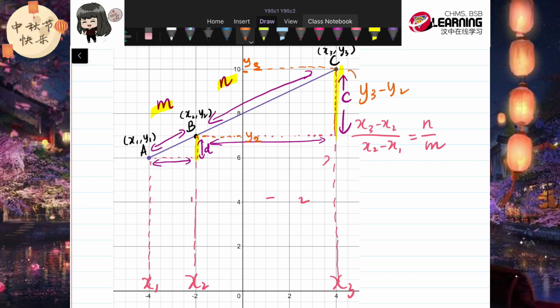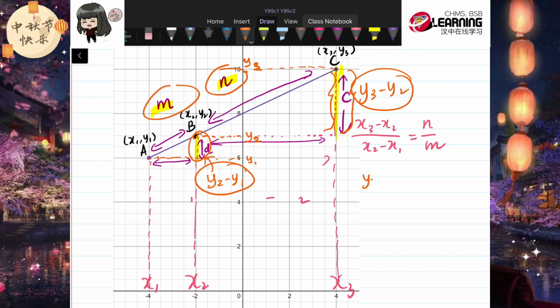So this length is y3 minus y2. And the length of this d is y2 minus y1, because the coordinate of A is your y1. So we can say y3 minus y2 over y2 minus y1 is equal to your n over m.